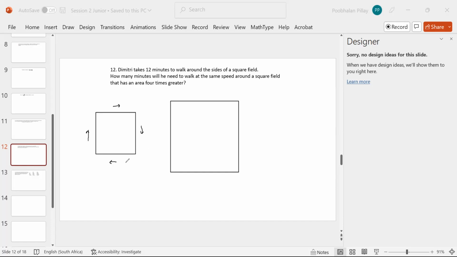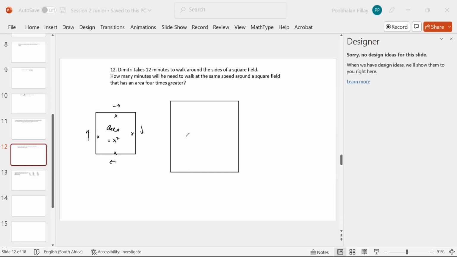Now, the area of a square is side squared. If I let the side be x, all the sides will be x, and the area equals length times breadth, which is x squared. Now this other field has an area 4 times bigger.